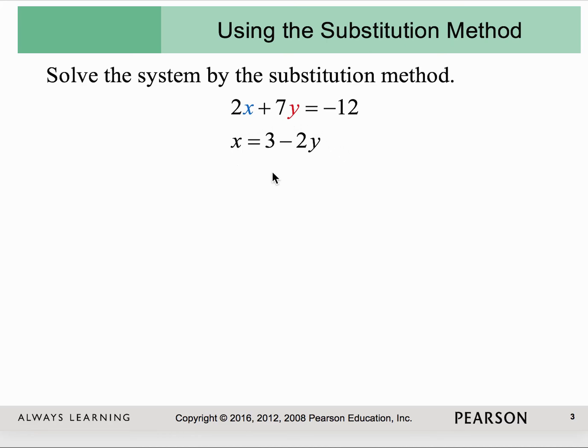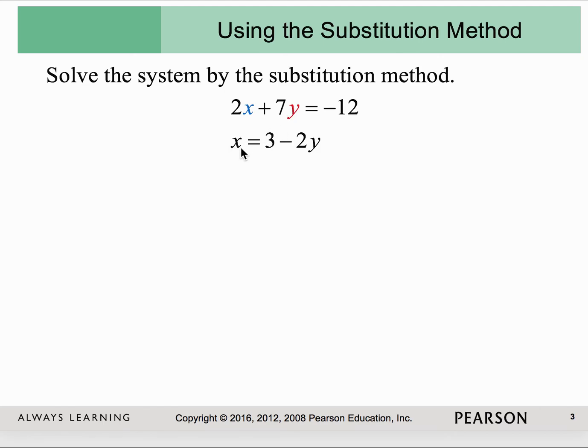However, hopefully we notice, hey, one of these equations is already solved for one of the variables. Okay, so my problem with either of these equations is I got two variables, so I can't solve that other than draw a picture of it, right? There's an infinite number of solutions. I can't solve an equation unless it just has one variable in it.